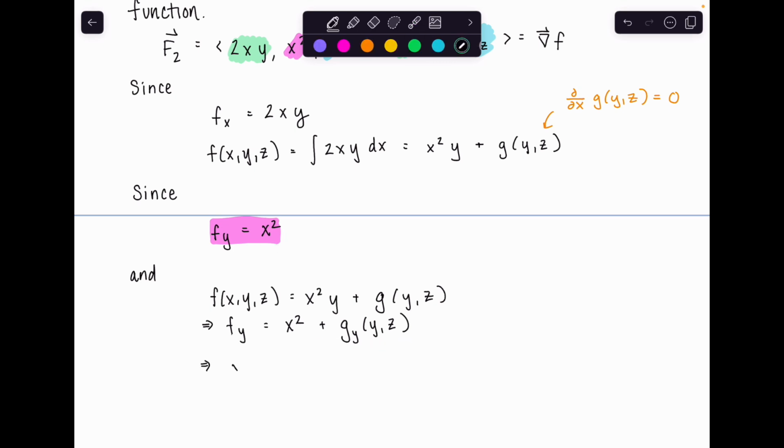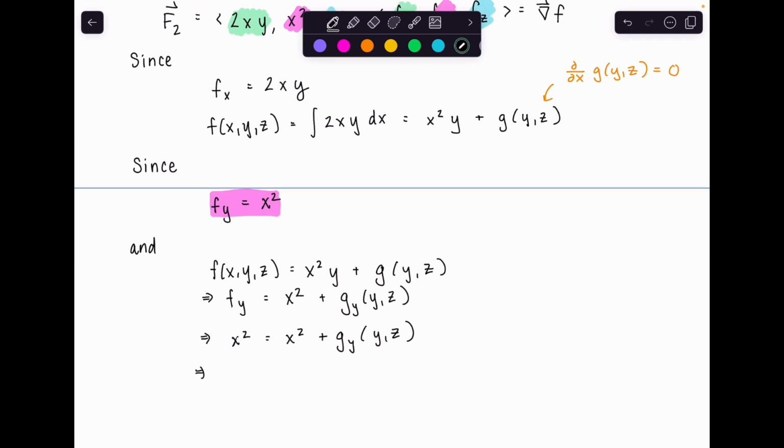So that tells me x squared is equal to x squared plus g_y. And so matching up both sides, I've got nothing else over here. Those two things are equal to each other. It tells me the partial with respect to y of this function is just equal to 0.